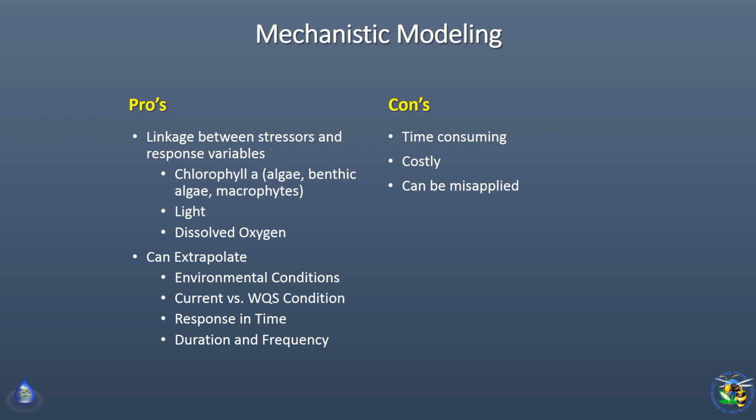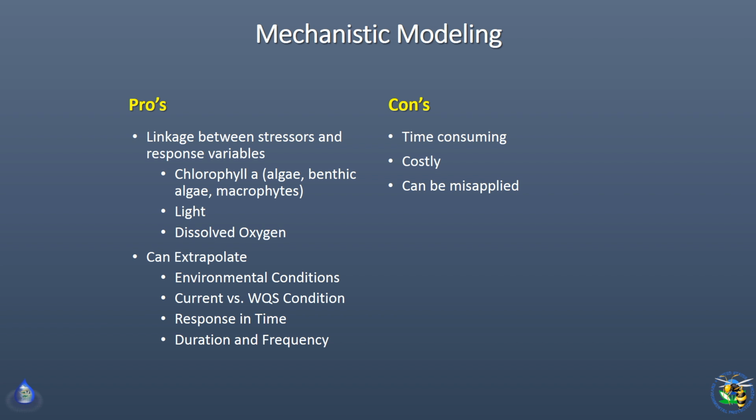They are also useful for extrapolating amongst environmental conditions, so changes in environmental variables like light or flow, or we can also extrapolate between a current condition and a water quality standard condition.